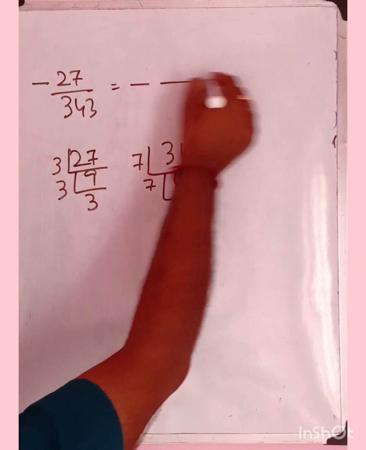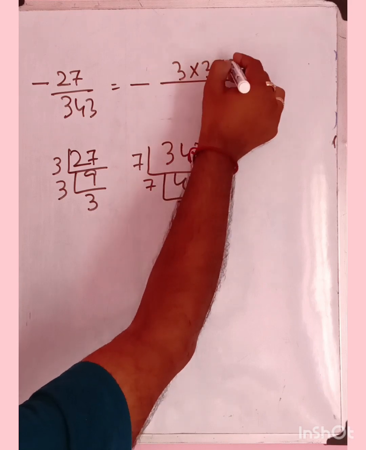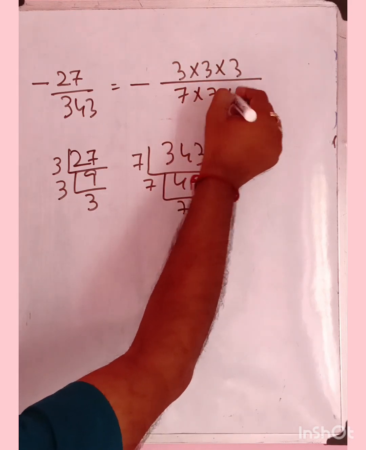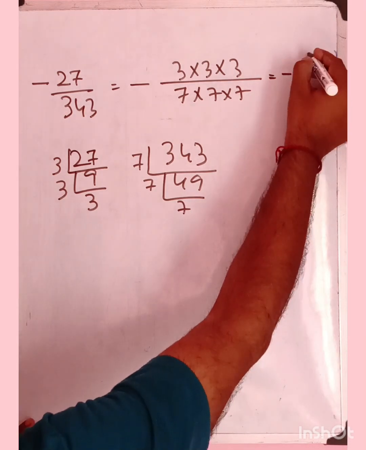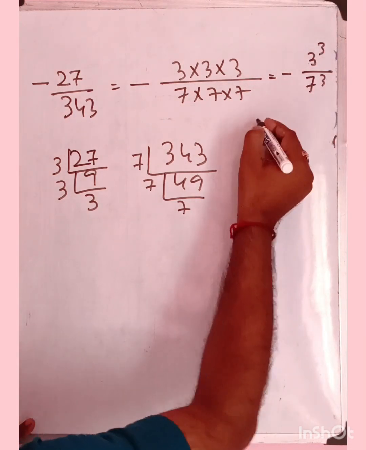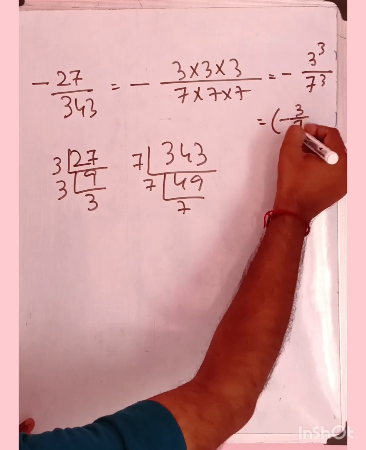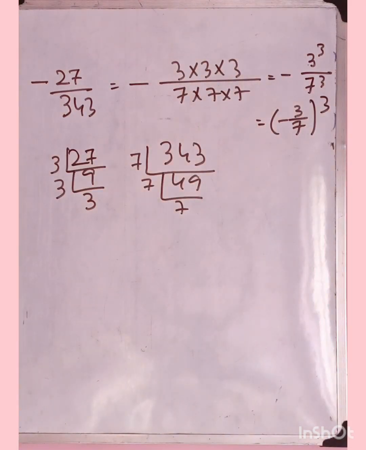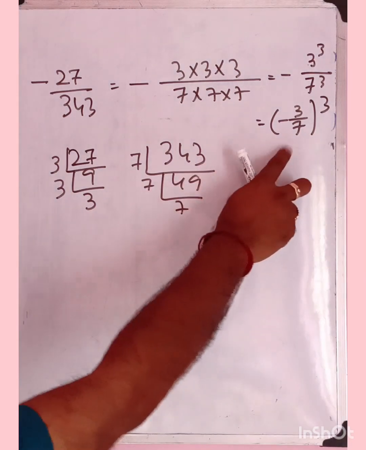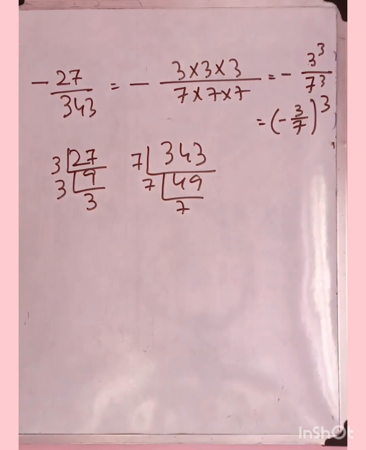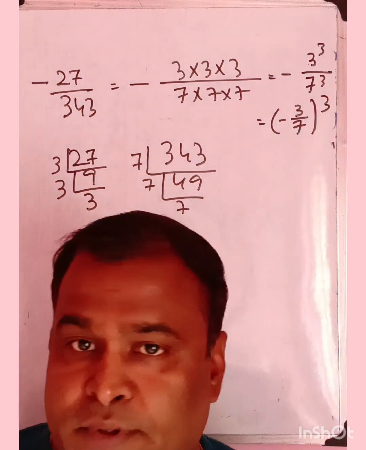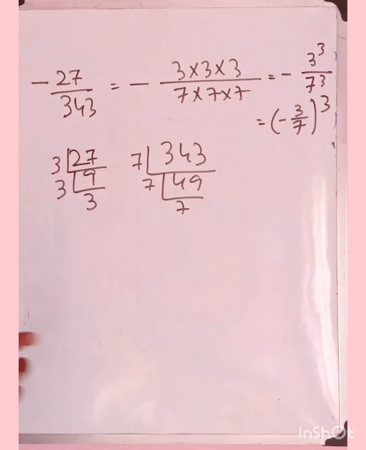So it is minus 3 into 3 into 3 by 7 into 7 into 7. So minus 3 cube by 7 cube, minus (3 by 7) whole cube. This is the exponential form. Got it? Okay. So you can solve this type of problems where rational form is to be transferred to exponential form or the reverse one.